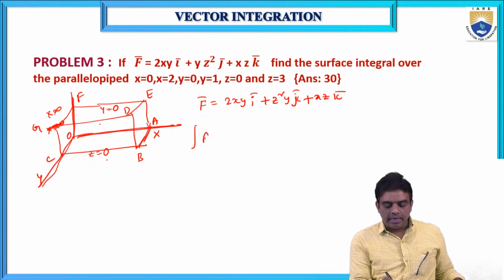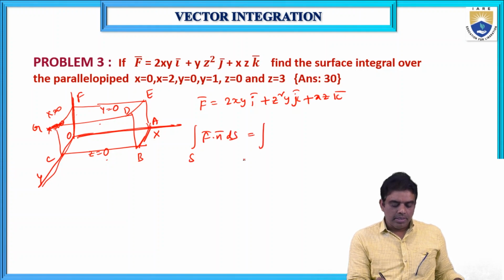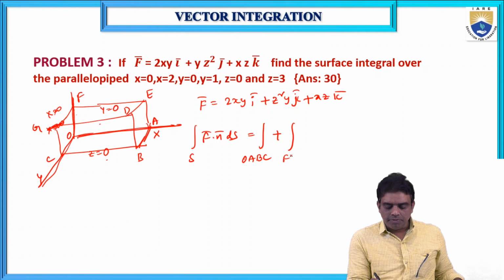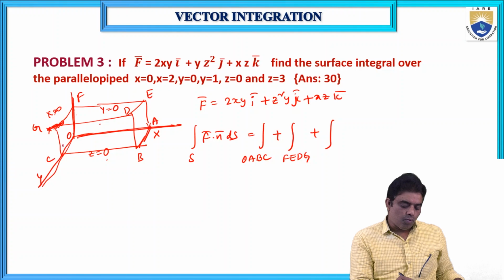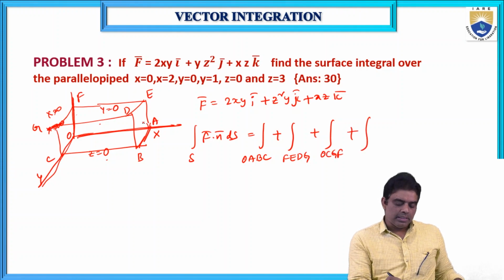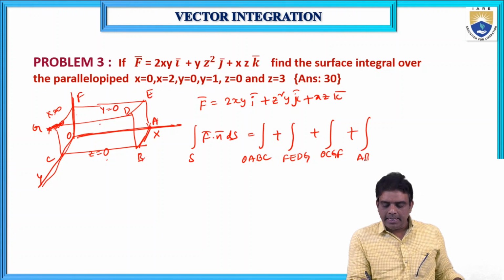Here, the double integral of f bar dot n bar ds over the surface S is equal to the integral along OABC, that is one integral, plus the integral along FEDZ, plus the integral along OCGF, plus along this surface ABDE, this is another surface integral.